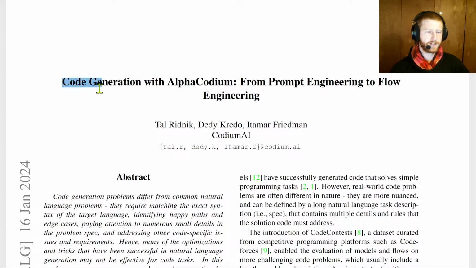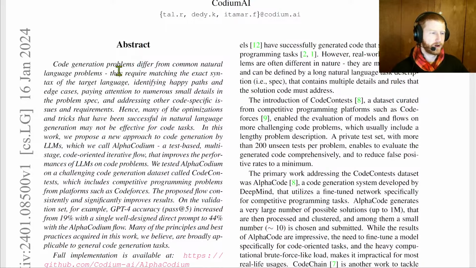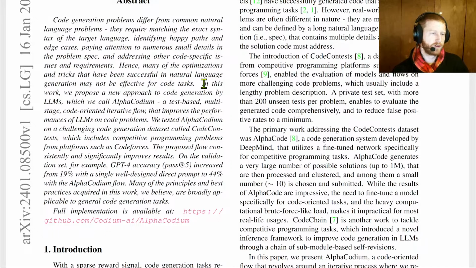Okay, so code generation with AlphaCodium, from prompt engineering to flow engineering. Code generation problems are different from common NLP problems in that they require identifying happy paths, edge cases, small details, lots of code-specific issues and requirements. In other words, these are non-trivial problems. And a lot of the tricks that we do for general, like easy answering a question from general knowledge might not be applicable to code tasks.